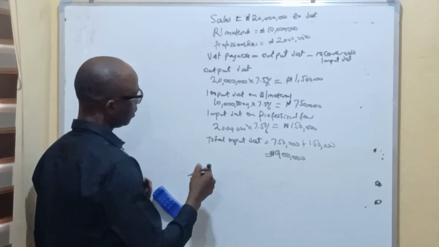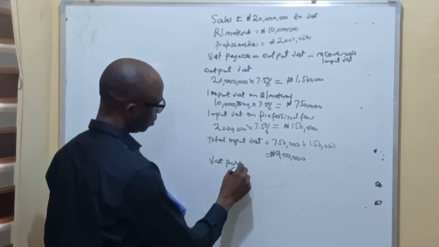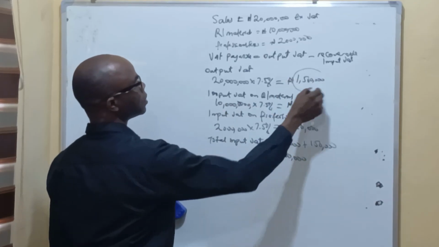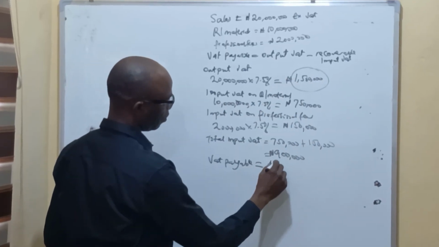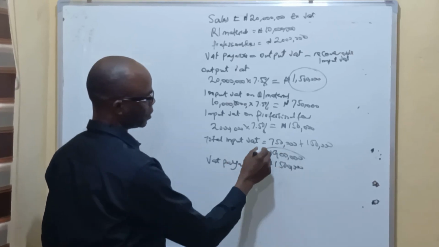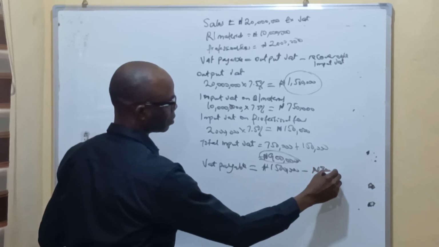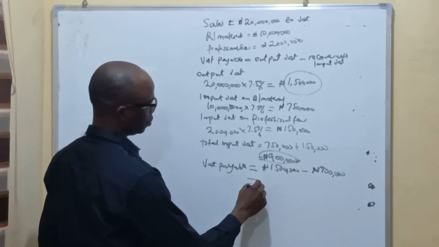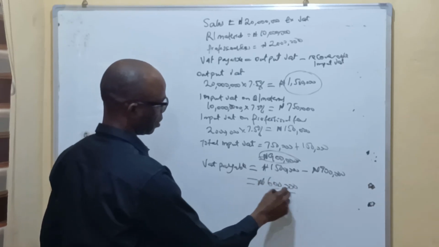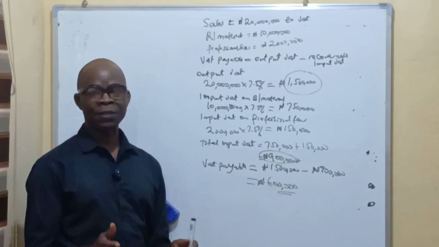VAT payable is equal to the output VAT, here 1.5 million, minus the total input VAT, 900,000. So total now you have is 600,000 naira. Beautiful.